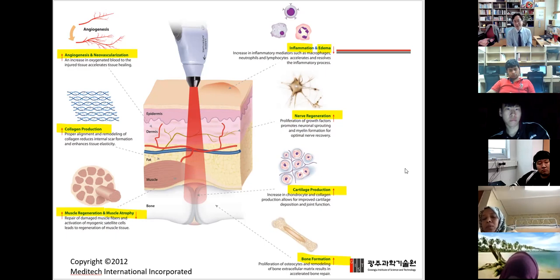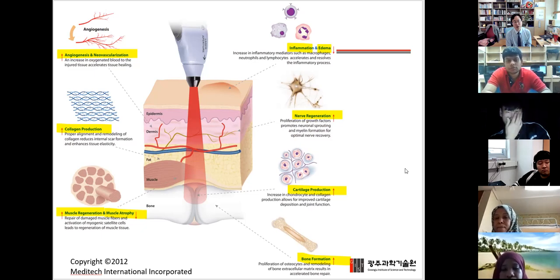It seems like LLT is really a superpower modality that can do lots of good things for our body. But we need to be careful in selecting the power, and also these effects are actually occurring at specific wavelengths. So not all the wavelengths are going to cause the same effects, but specific wavelengths are causing specific effects.